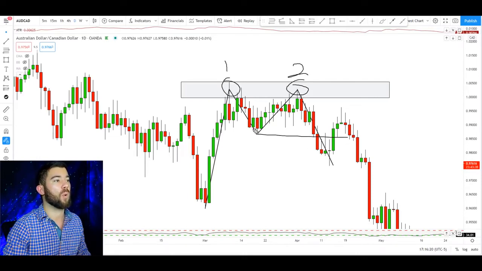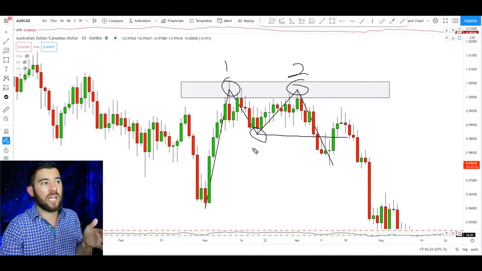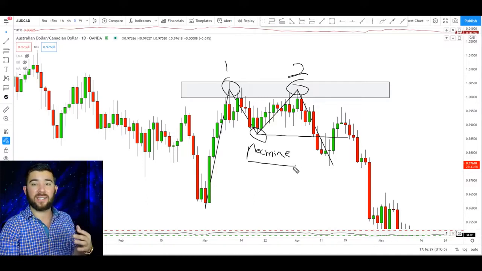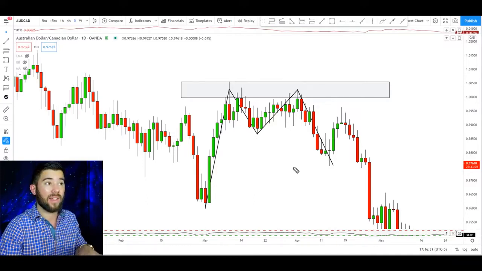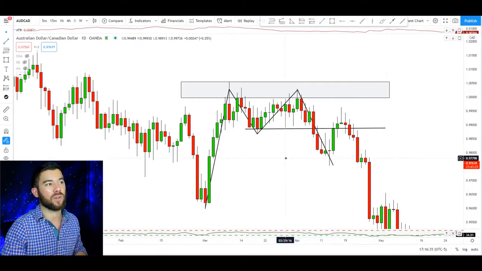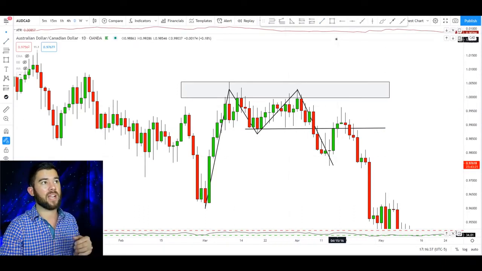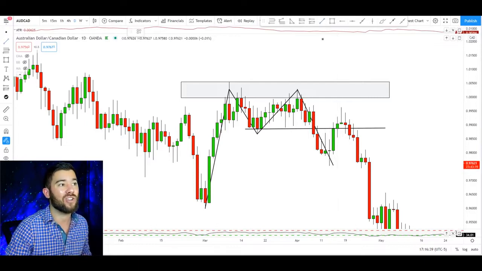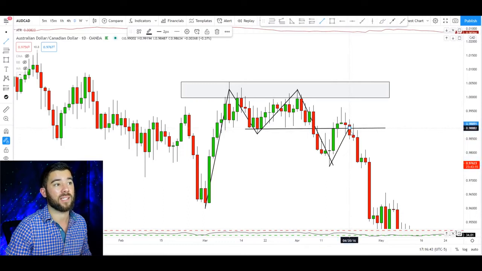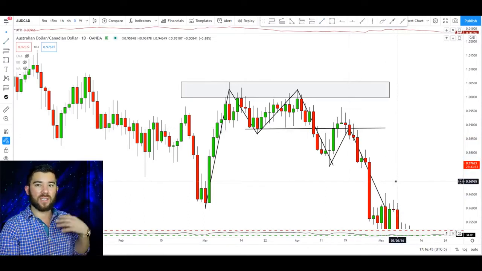And the support level that was created after top number one is known as our neckline. We need that neckline to break to validate that this is actually a double top. And the way I said we were going to be trading these today is by waiting on a pullback after that validation, after that break. We want to see a pullback into our level of support, and that's where we're going to be placing possible trades and looking for the continuation down.